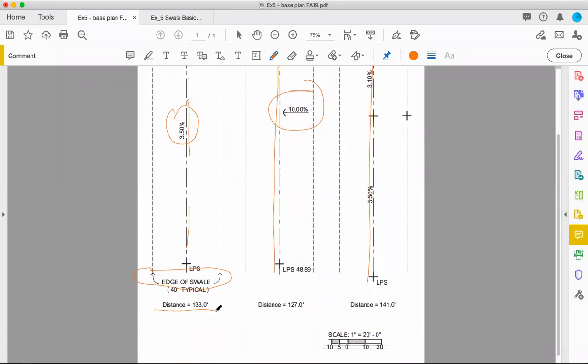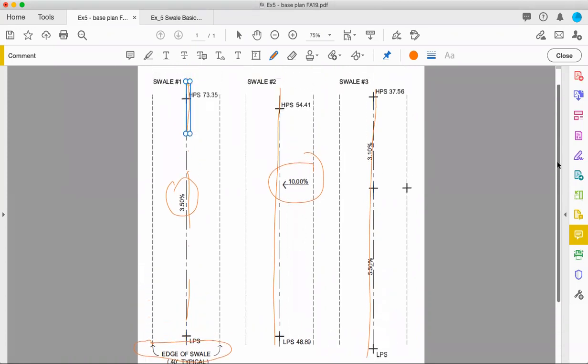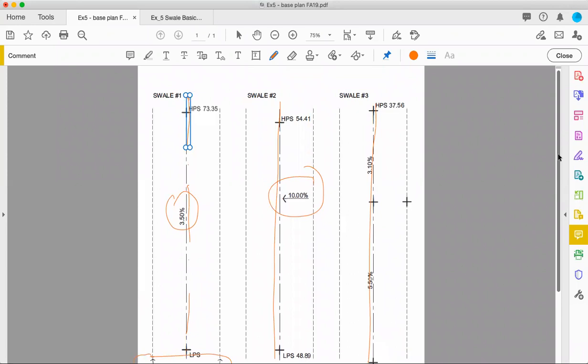Distance means the horizontal distance between HPS and LBS. Basically, it's the length of the swell. Again, those are extra information provided to you, but you can, in fact, measure them in CAD.